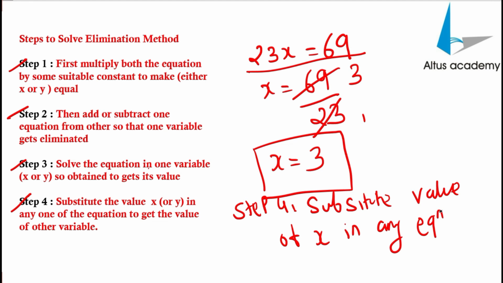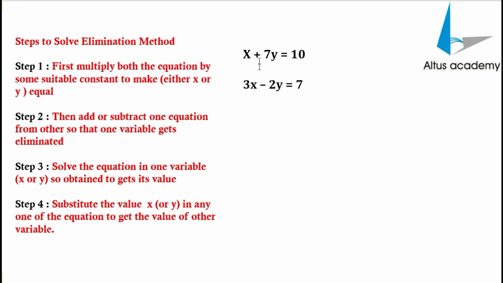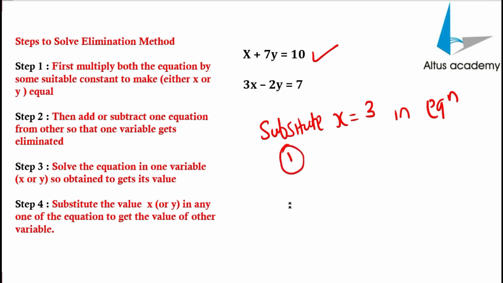These are my equations: x plus 7y is equal to 10 and 3x minus 2y is equal to 7. I'll substitute my value in the first equation. So substituting x is equal to 3 in equation number 1, my equation x plus 7y is equal to 10 becomes 3 plus 7y is equal to 10.